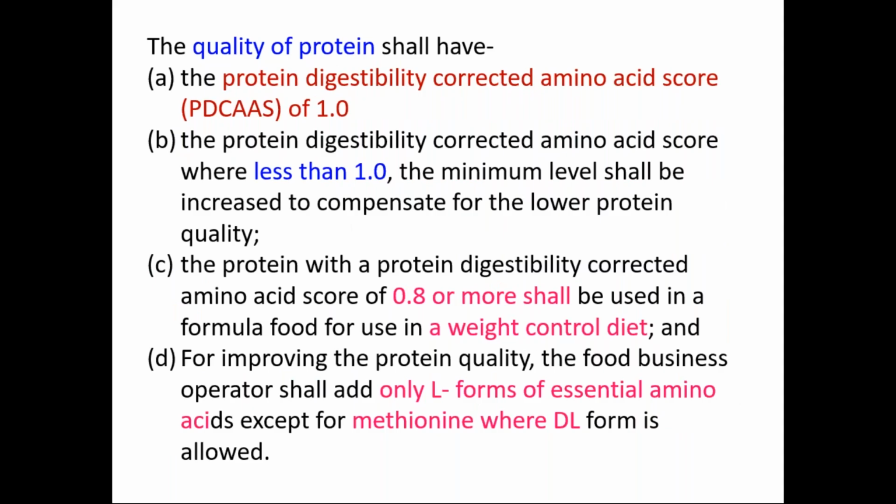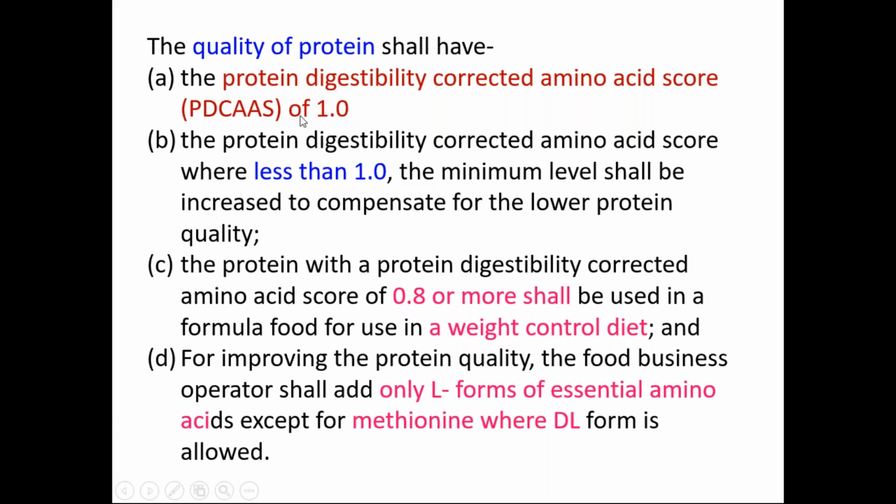And the protein which is used in these special foods for special medical purposes should be a complete protein with a PD-CAS of 1, that is a protein digestibility corrected amino acid score.